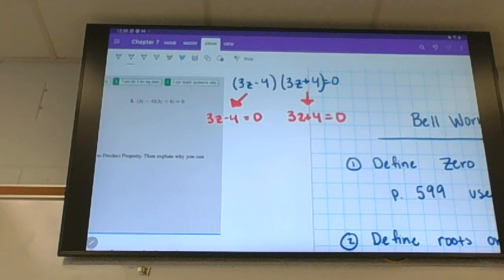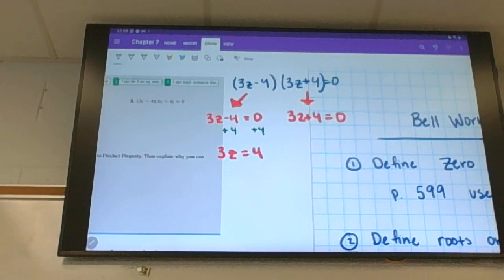Okay, here we go. I'm going to add 4. The other one was just opposite, but this one's more complicated because of the 3 in front. When I add 4 over, I get 3z equals 4. And now what do I do to get z alone?